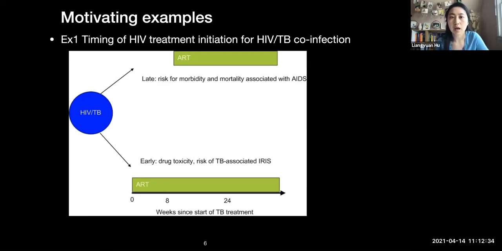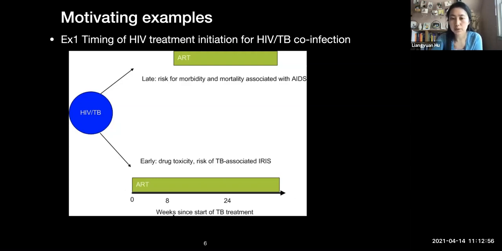It's timing of HIV treatment or antiretroviral treatment, we call it ART, for patients who present with both TB and HIV. So for these patients, TB therapy is recommended to be initiated immediately after diagnosis.